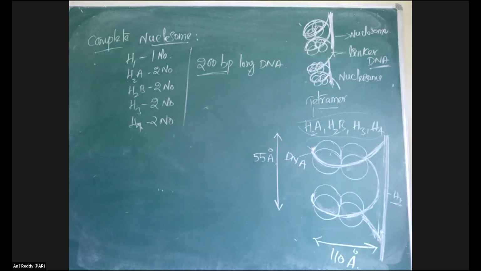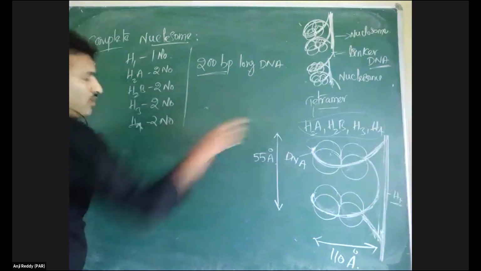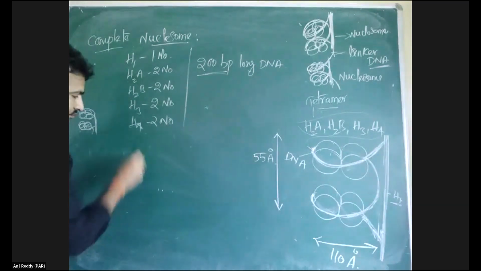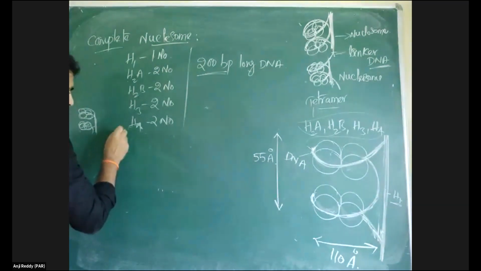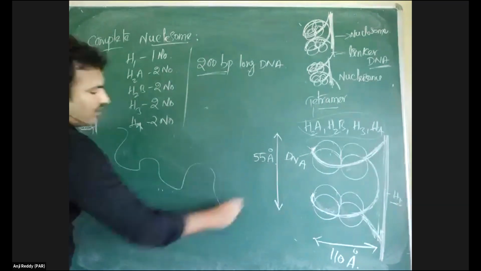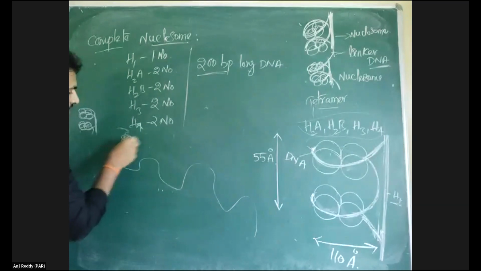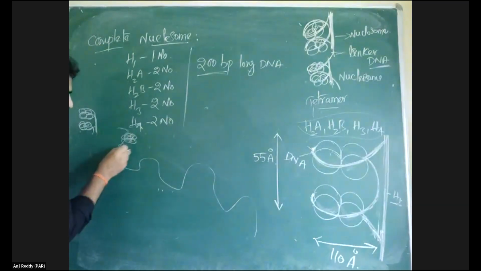This is one nucleosome with two turns of DNA coil with one histone. So what is beads on string appearance? If you take the DNA molecule like this, a double stranded DNA will be there. Now, the double stranded DNA has many histone octamers. This is one histone octamer, this is one histone octamer.